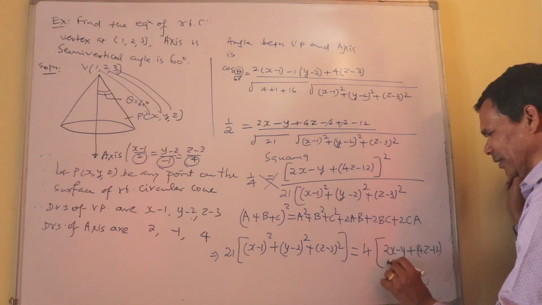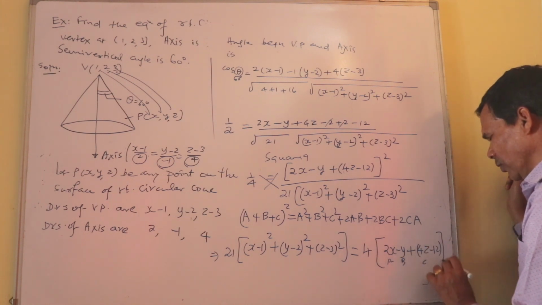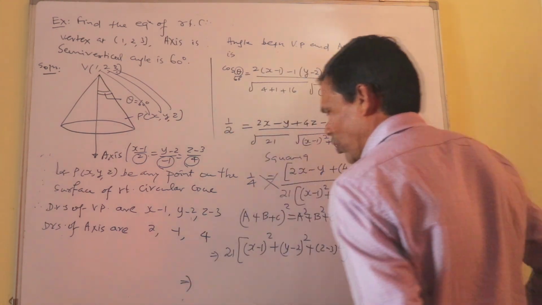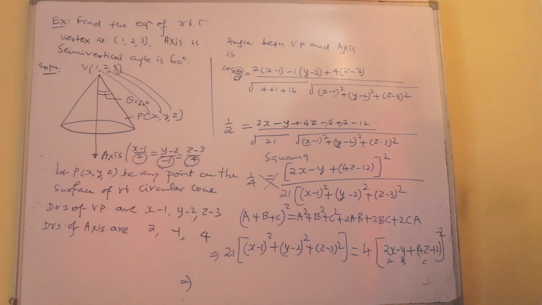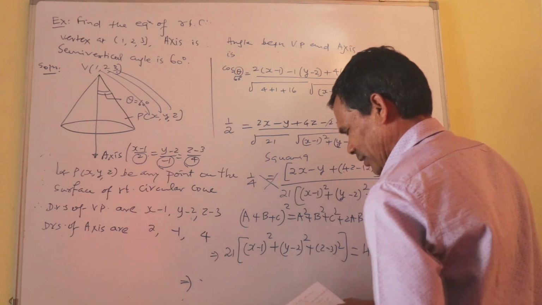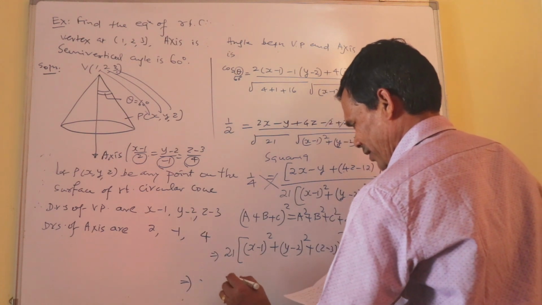So I can say this is a, this is b, this is c, and open it and simplify this. You are getting the required equation, and if you check, this would be the required equation here.